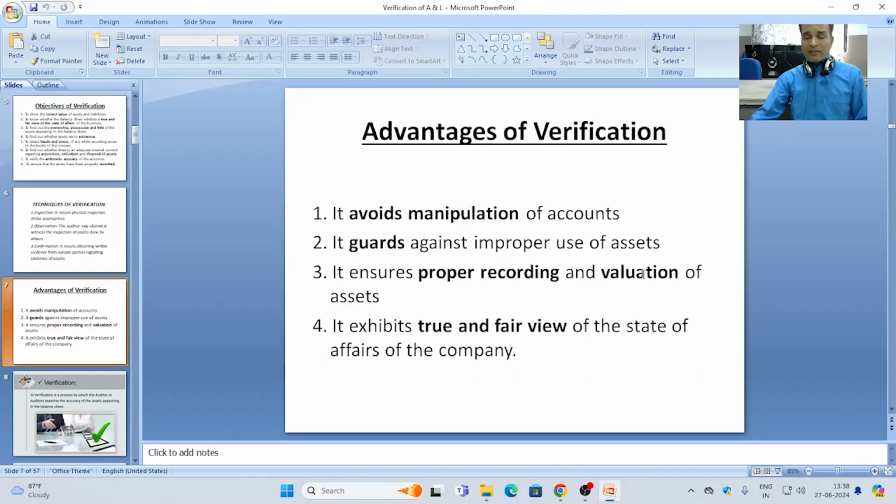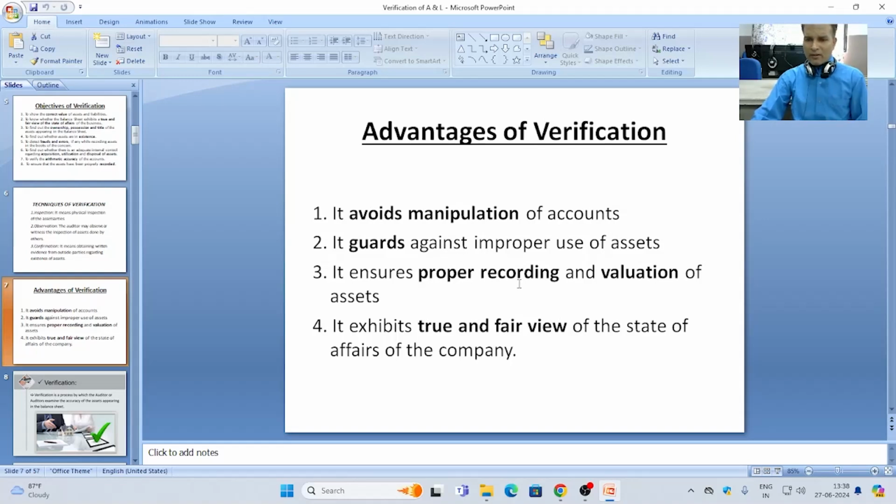There are some advantages of verification. With the help of verification, manipulation in the accounts can be avoided. Second, safeguarding of the assets is provided, so that proper use of assets is ensured; they should be used for business purposes only.